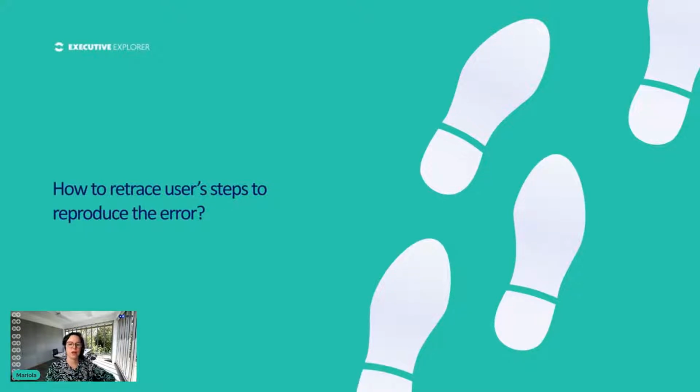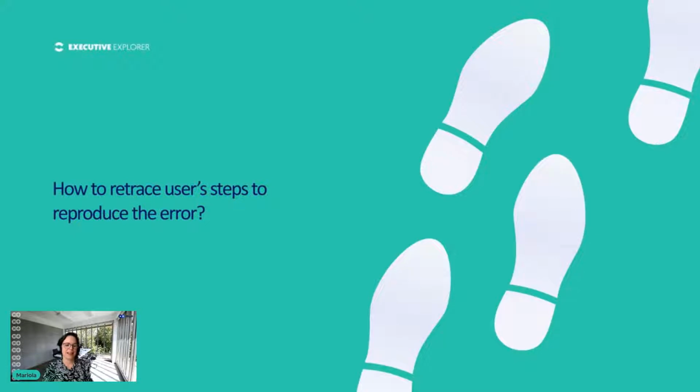But why is it so problematic? Those of you who have worked in support or have seen what this job looks like will know that quite often a user comes to support and says something like this: I wanted to do something in the system, but an error occurred, so please help me, please fix it.